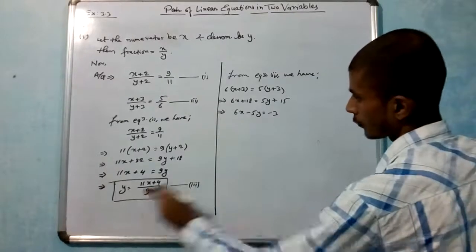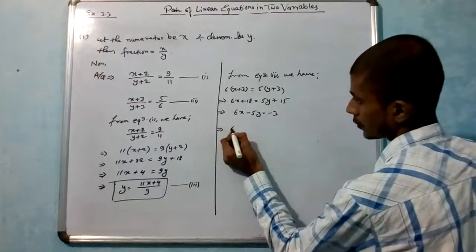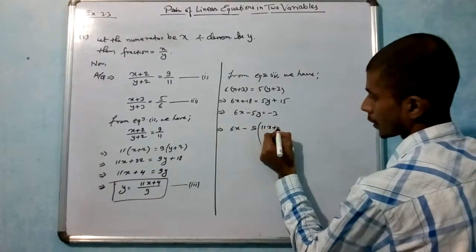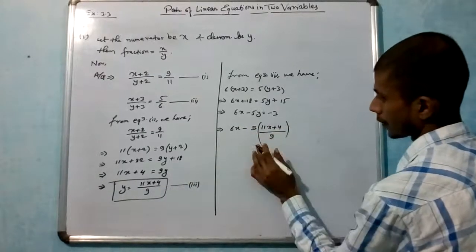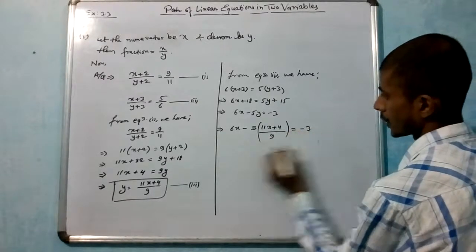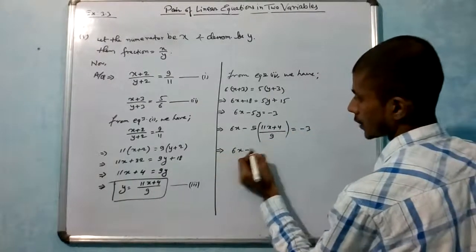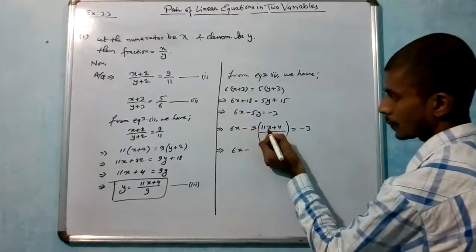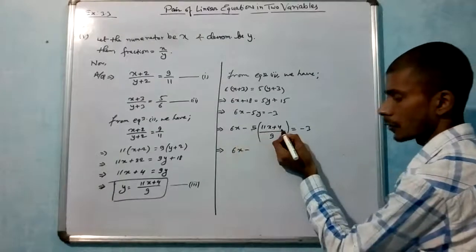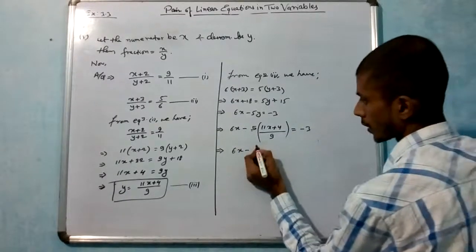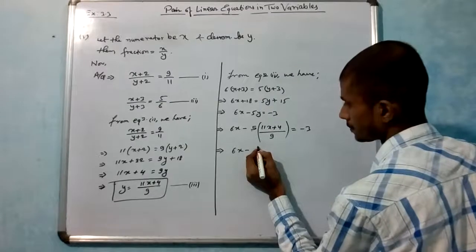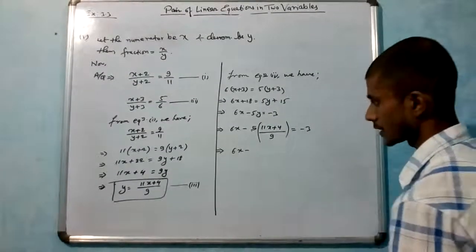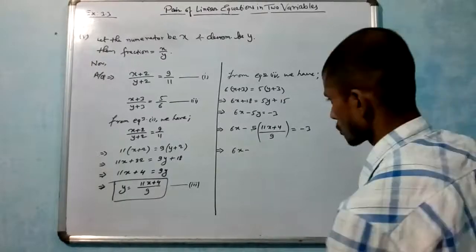Now what to do? In place of y we have to substitute this. Let us substitute: 6x minus 5 under bracket y, that is 11x plus 4 by 9, is equal to minus 3. Now the minus sign is outside, so this minus 5 will multiply with 11x, and minus 5 will multiply with plus 4 also, so it will become minus 55x.